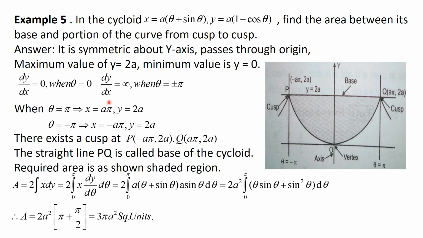And dy by dx equal to infinity means tangents are parallel to the y-axis, which is possible when theta is equal to plus or minus pi. When we substitute theta equal to pi, cos pi comes out to be minus 1, and hence the value of y is 2a, and at theta equal to pi, the value of x is a pi.